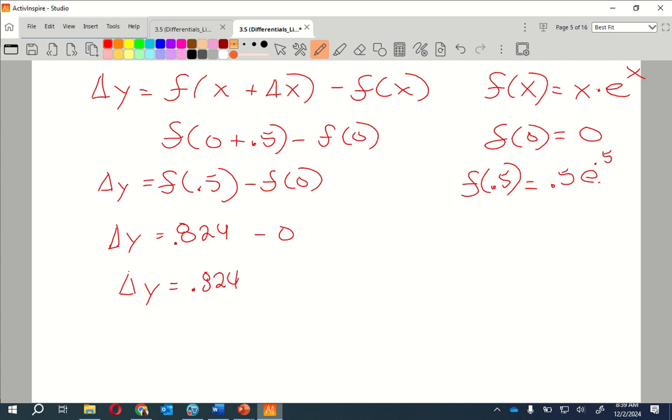So now that we're looking at this, this piece right here is my delta y.